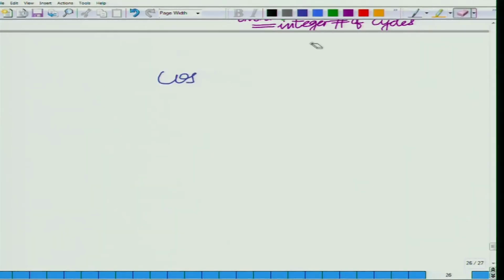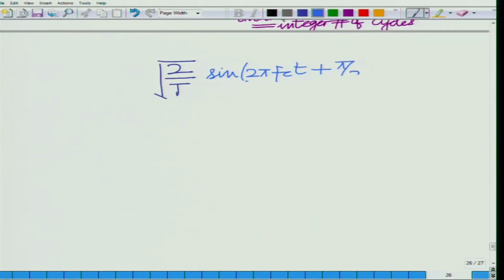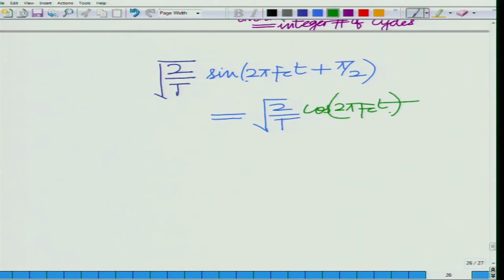If you look at square root of 2 over T sine of 2 pi f c t plus pi by 2, this is equal to square root of 2 over T cosine 2 pi f c t.